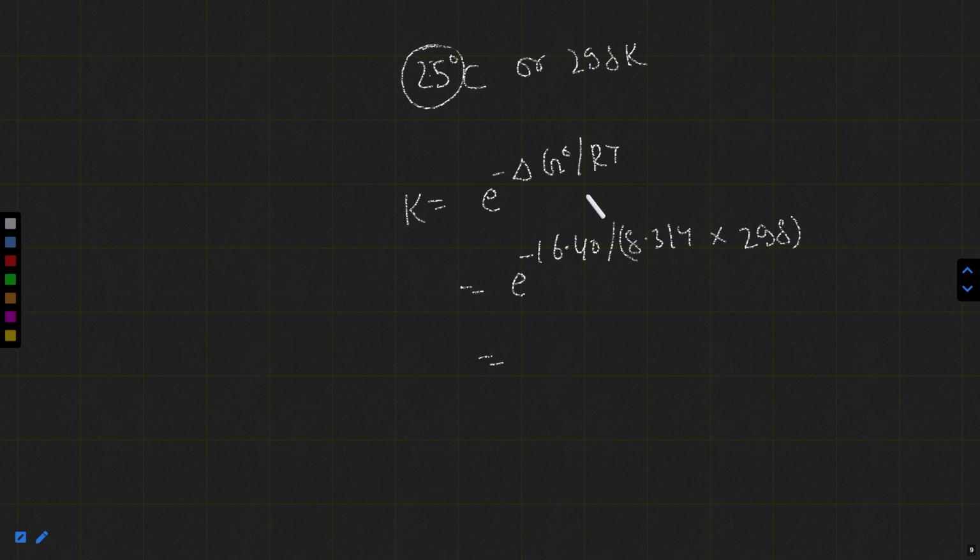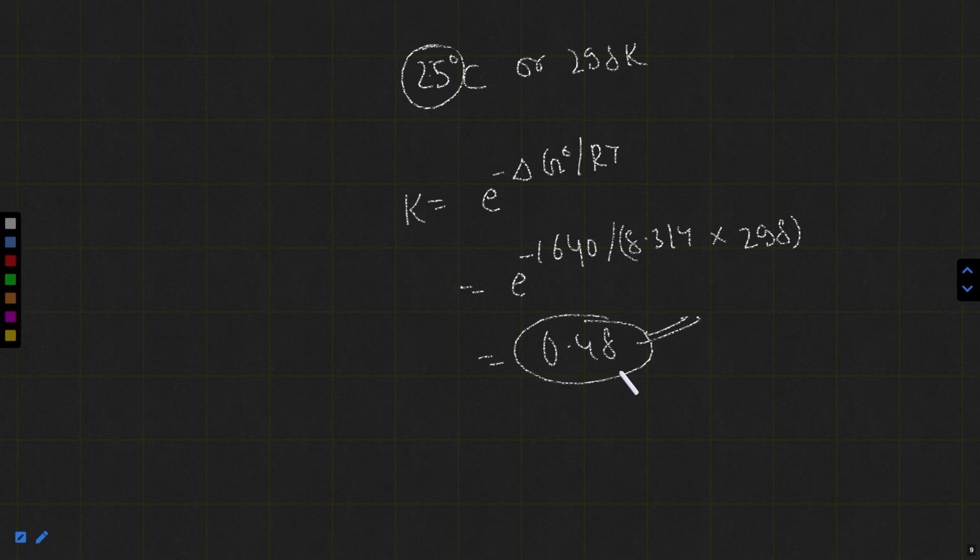Here I have made one mistake: we have taken a kilojoule value, so we cannot use it. We need the joule value, because R is 8.314 joule per Kelvin per mole. So you must take the joule value. It is multiplied by 1640 with a negative sign, and e to the power will give you approximately 0.48.